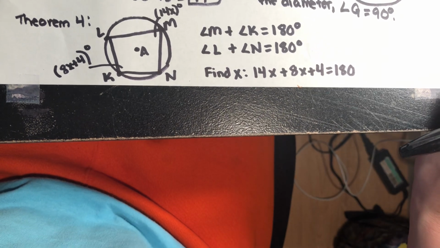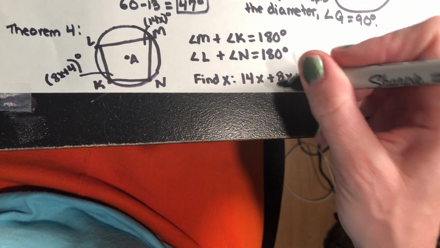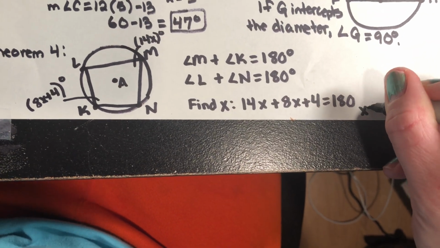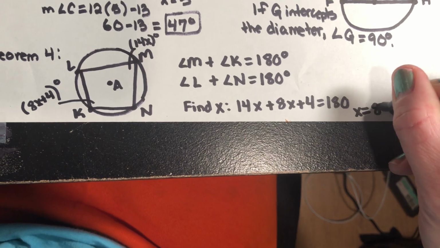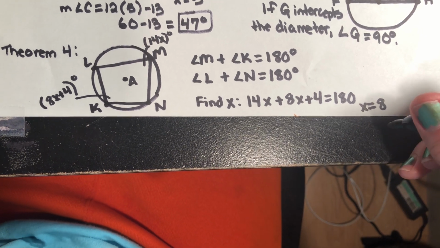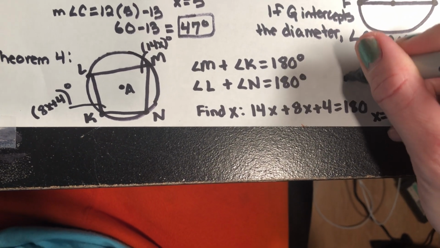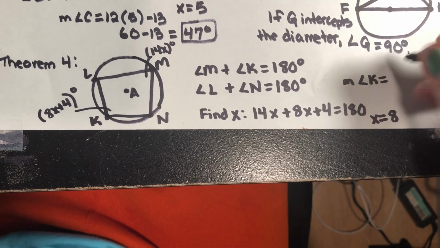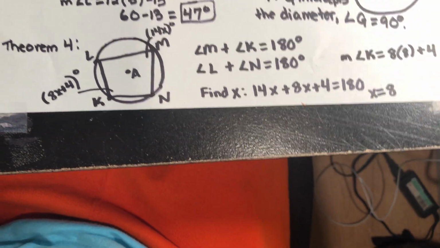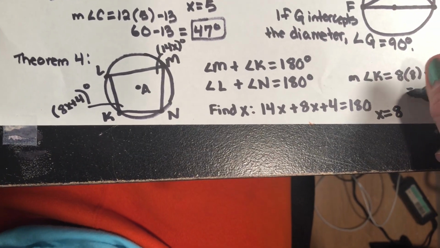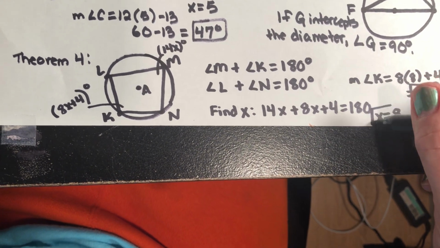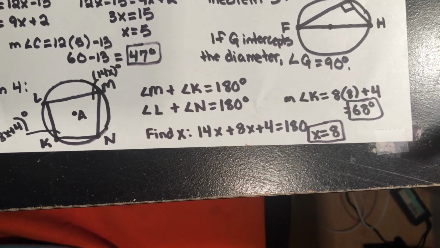I've solved this on another sheet of paper over there, but we have x equals 8. And let's say we wanted to find angle K. So the measure of angle K, we would plug 8 back in. 8 times 8 plus 4. Well, 64 plus 4 is 68 degrees. And so those would be our 2 answers for that problem.